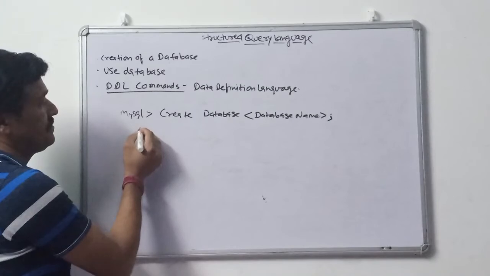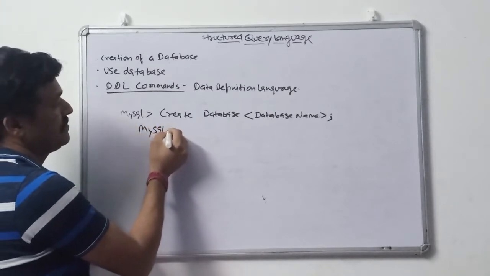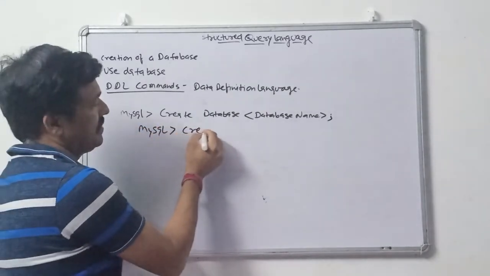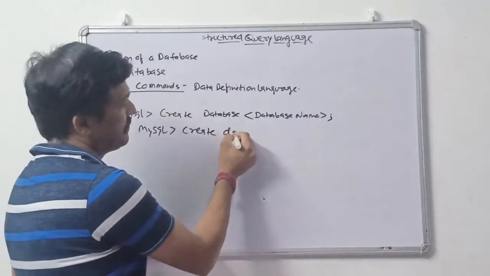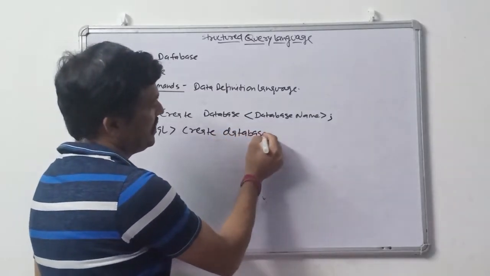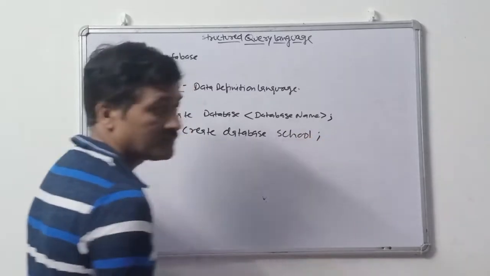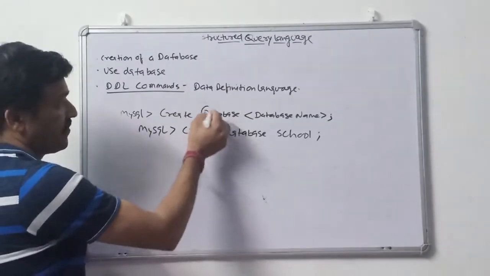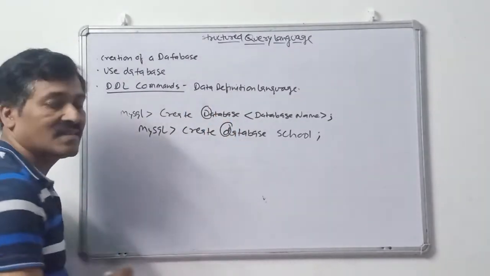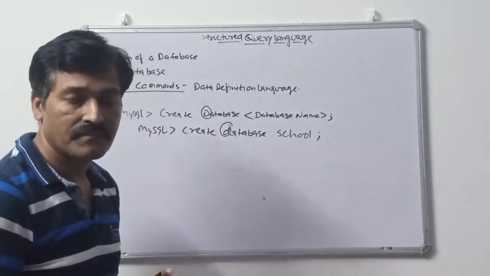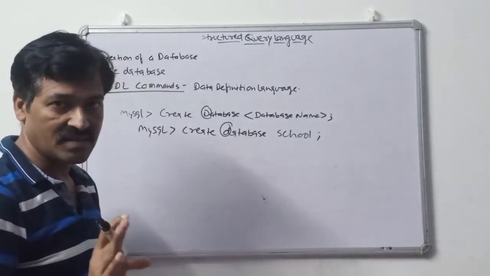For example, create database school. Look at it. The D is written capital, the d is written small. It doesn't matter. The commands are not case sensitive.